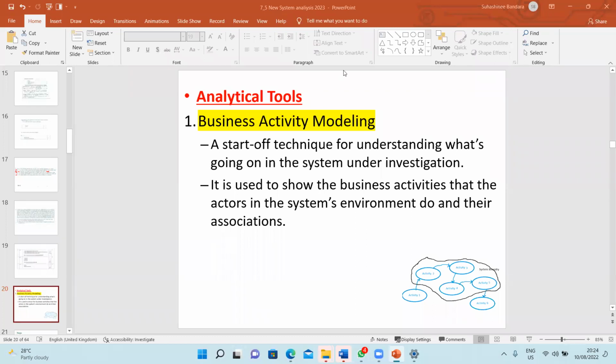So now we are going to discuss the analytical tool. We are now in the system analysis stage. In system analysis, we discussed the functional requirement. We said there are two types, functional and non-functional requirement.